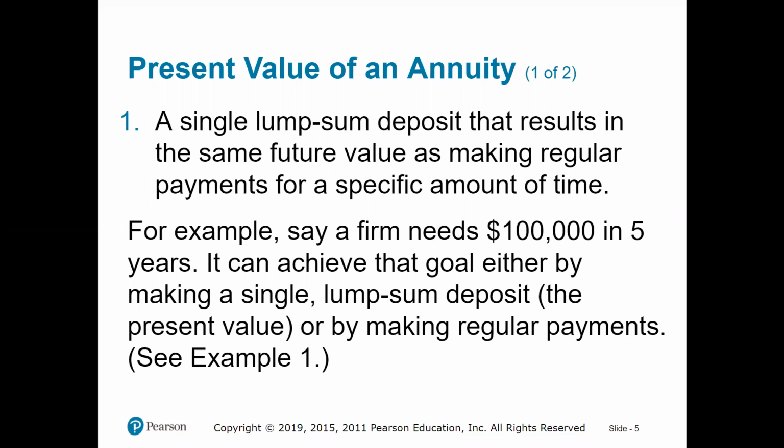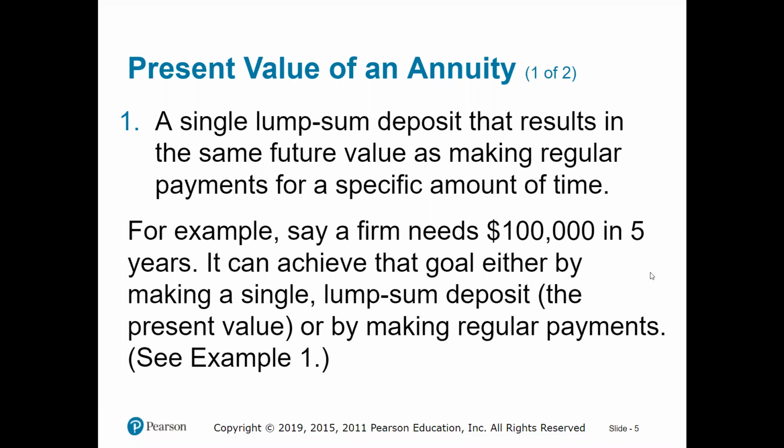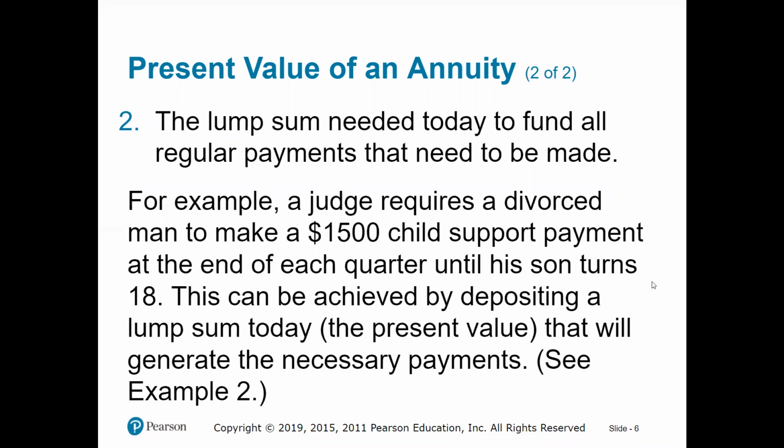For example, say a firm needs $100,000 in 5 years. It can achieve that goal either by making a single lump sum deposit, the present value, or making regular payments. So if you go back to that first example, that's an example of payments. The lump sum needed today to fund all regular future payments that need to be made.